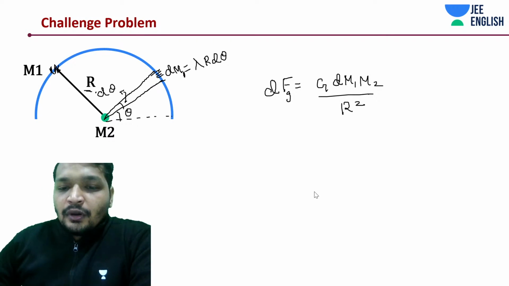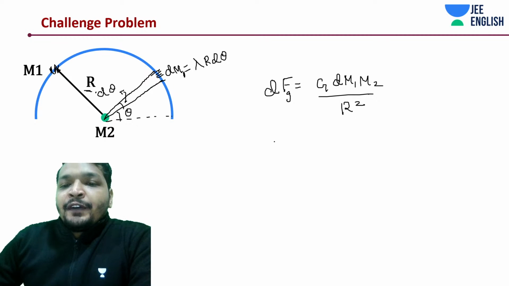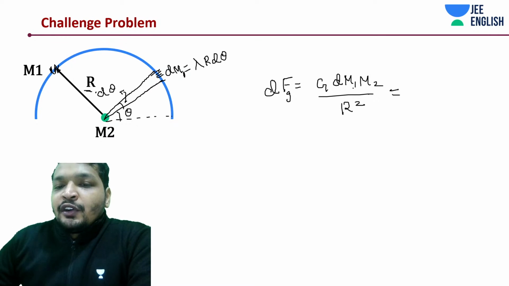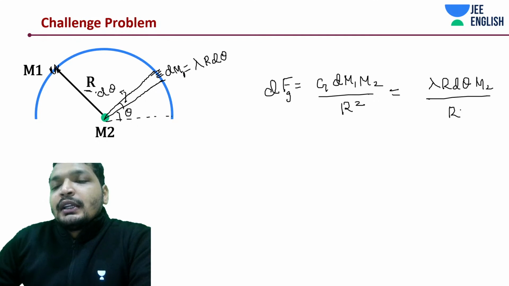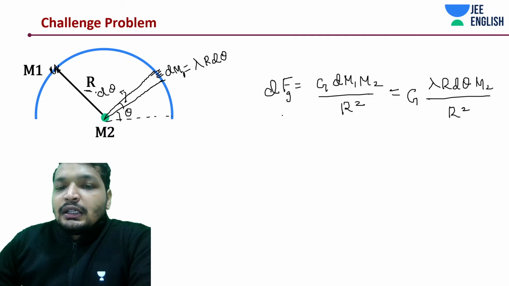So before that, let me substitute the value of dm1. That would be lambda into r d theta. Keep the lambda as it is. So it would be lambda into r into d theta into m2 divided by r square into g, that is your dfg. r gets cancelled out.